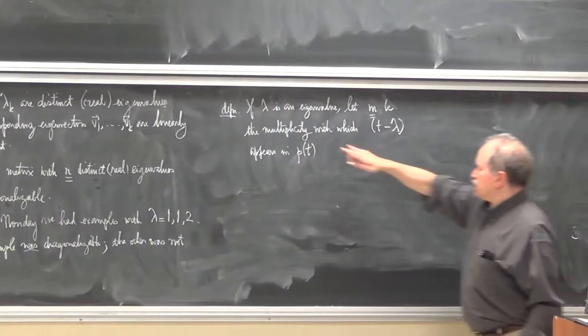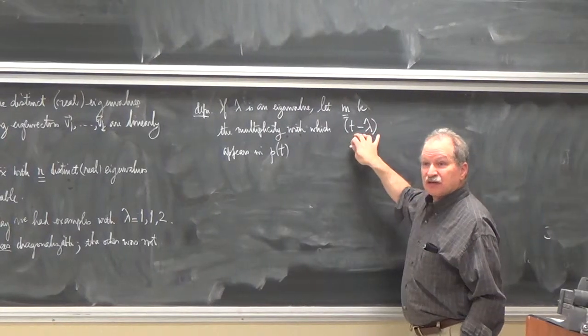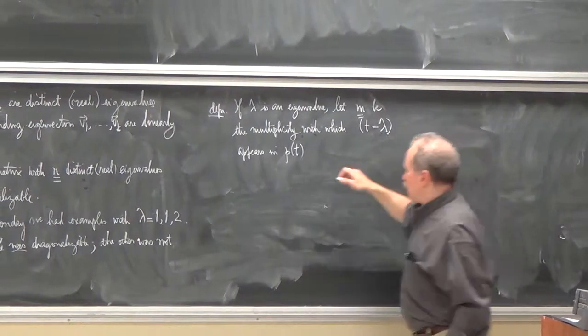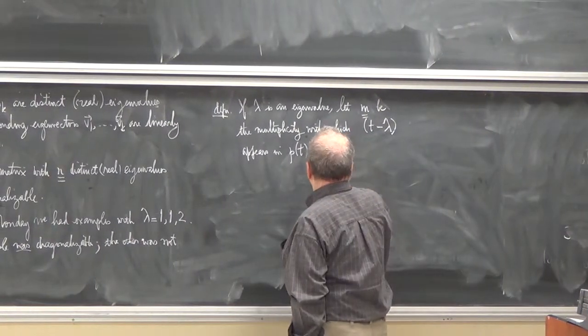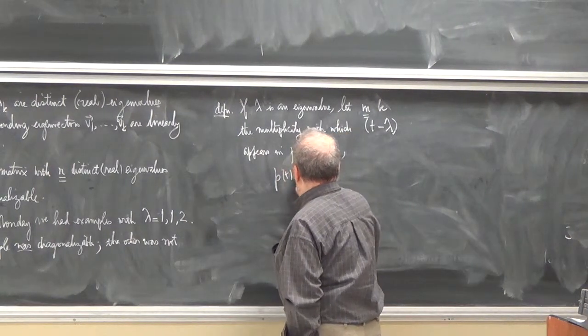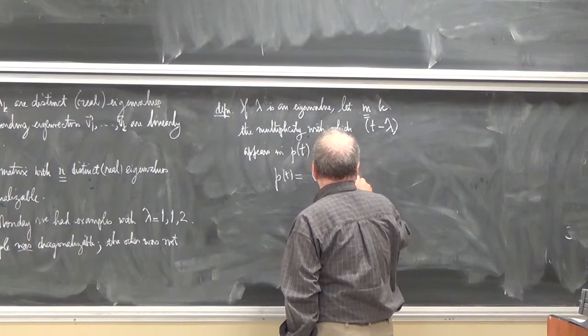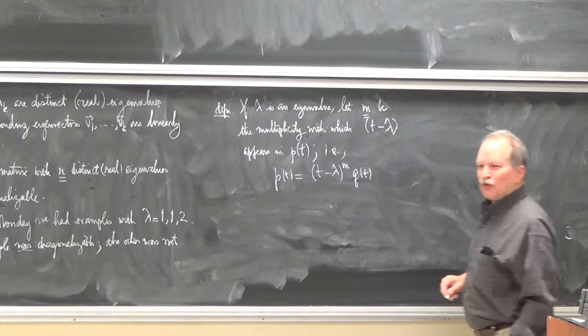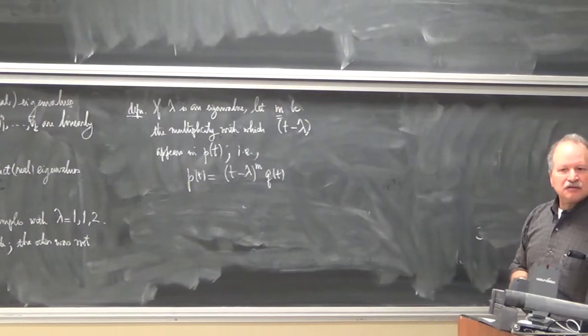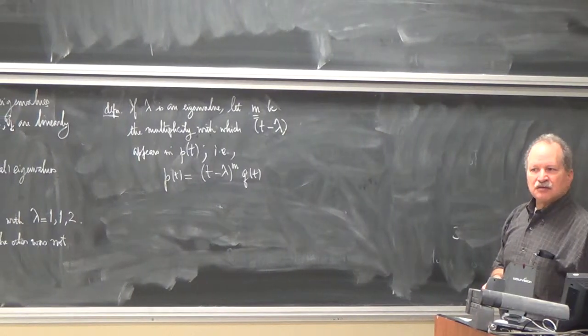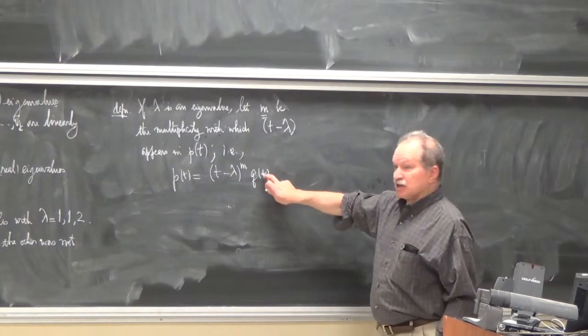By the multiplicity, I mean the exponent on t minus lambda, i.e. p of t is (t minus lambda) to the m times q of t, where q of t is not divisible by t minus lambda, meaning lambda is not a root of q of t.